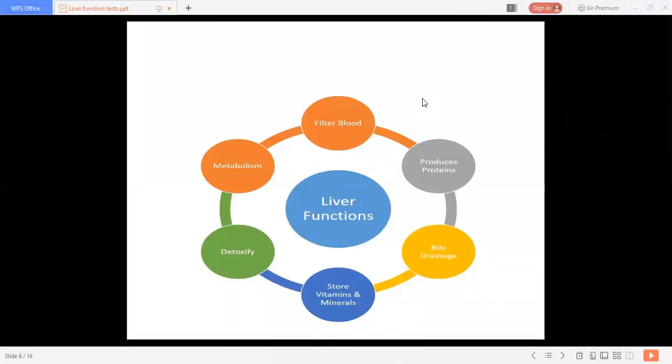What are the normal levels of alkaline phosphatase? Anyone? What are the normal values?